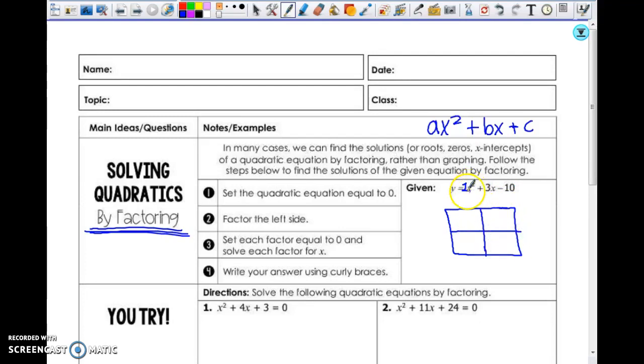And this 1x squared is what goes here. This negative 10 is what goes here. And these are the two boxes that I need. Alright, do y'all remember the rule for those two boxes? Those two boxes, the two numbers, right? Do you remember? The two numbers, they need to multiply to your a times your c.